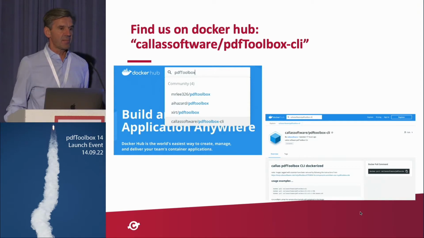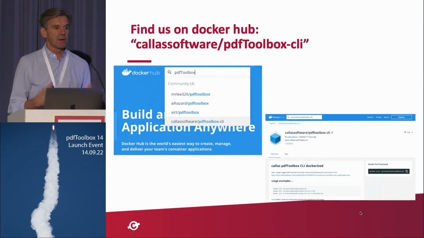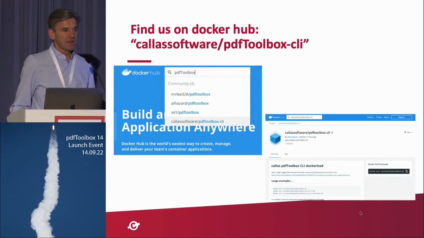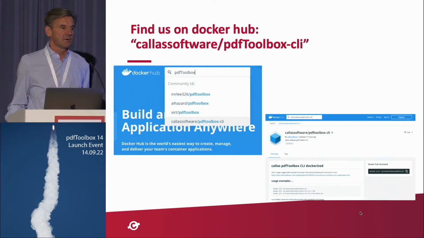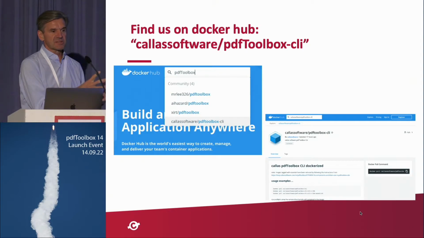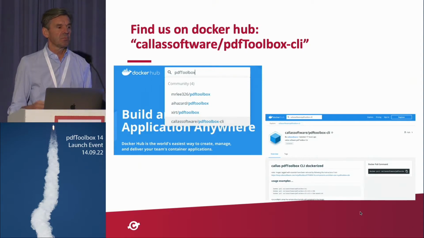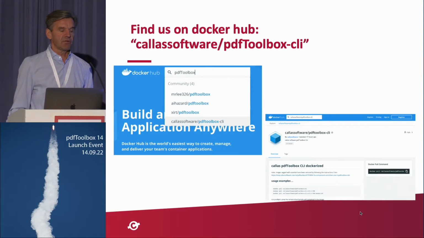So you may have a web application where people can do stuff with pdfToolbox, and then if you get too many requests to do something, then the single server that you have provided may not be fast enough. And then the cloud could be set up to automatically start off another instance of pdfToolbox.